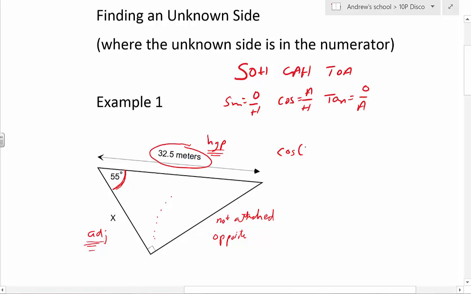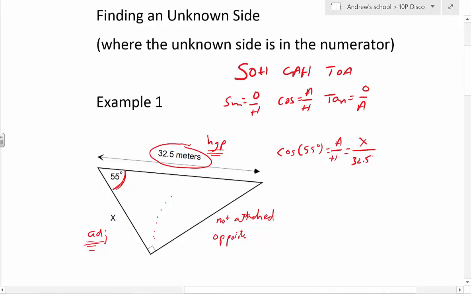Cos of the angle 55 degrees is equal to the adjacent divided by the hypotenuse, which is equal to our side x divided by the hypotenuse 32.5. So all we've done is written down information about the ratio, and at that point we need to pick up a calculator and find out what cos 55 actually is.